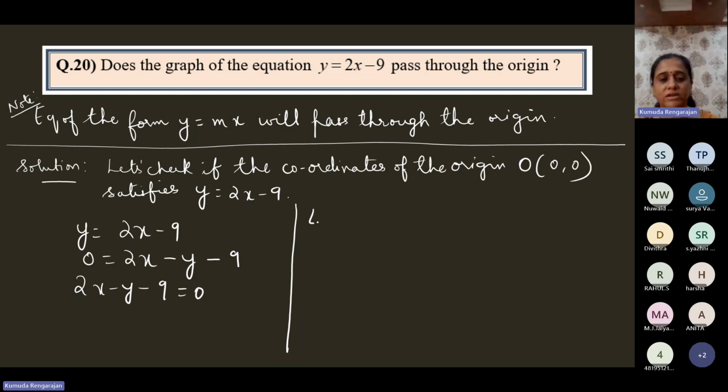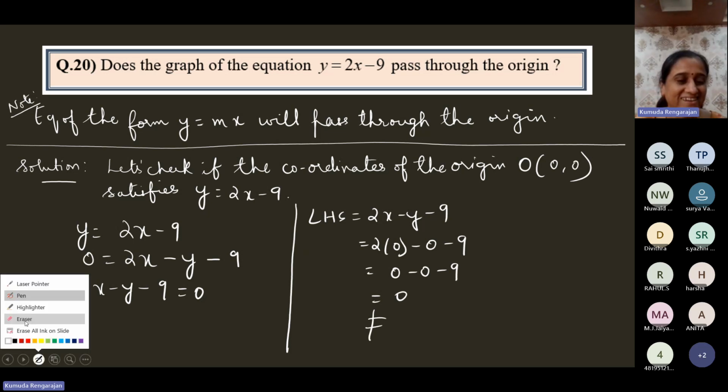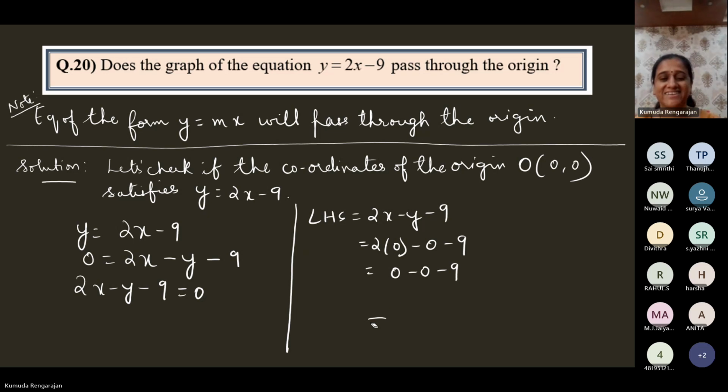So what is the left hand side? LHS is equal to 2x minus y minus 9. So which is 2 into 0 minus 0 minus 9, which is, oh, sorry, which is minus 9, which is not the RHS.